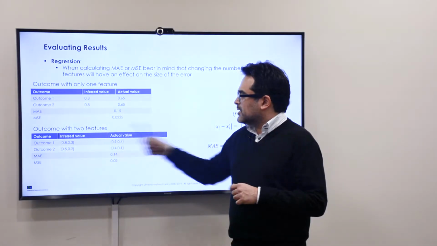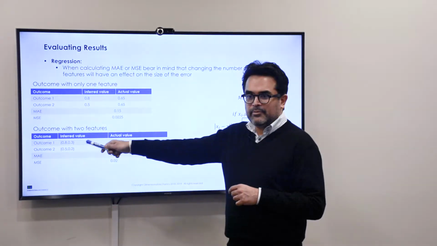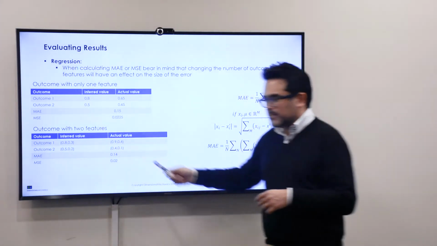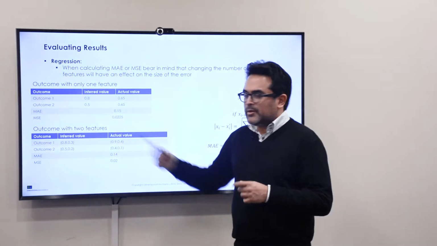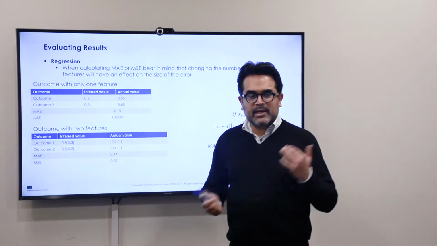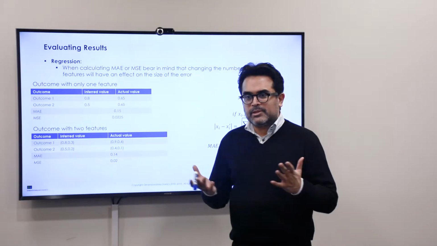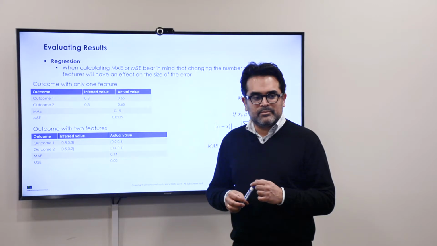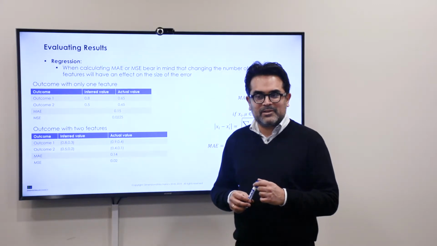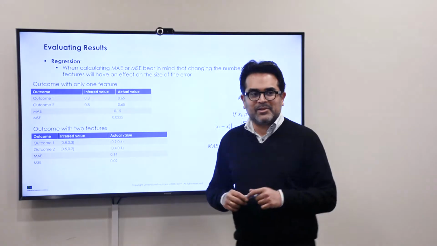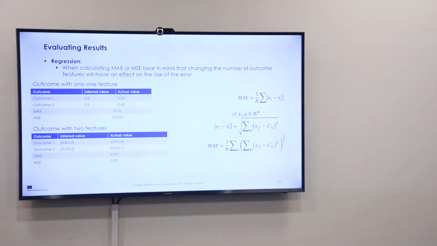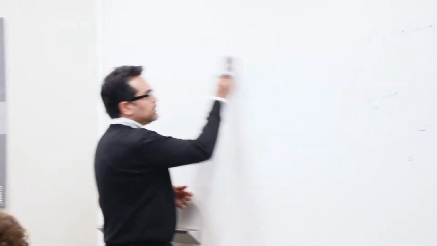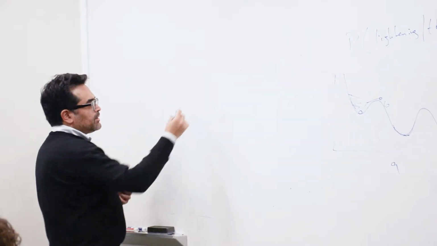This is more challenging. When the input is a two-dimensional value and the output is a two-dimensional value, how do you do it? Well, what is the absolute value of the difference between two vectors? It's basically the Pythagoras theorem, right? So the way to calculate that, if you have multiple dimensions, is exactly this.